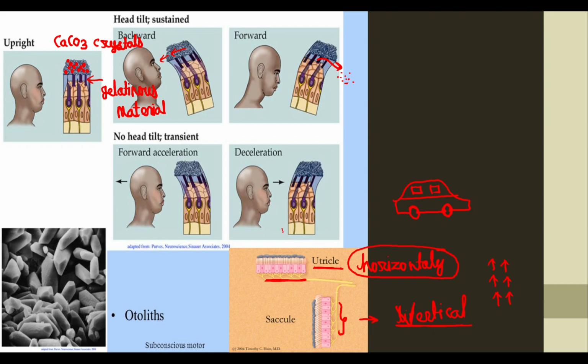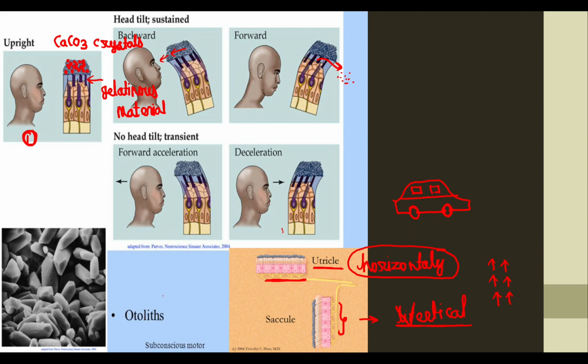Now take one situation. My neck is in an upright posture. This is the first condition. When the neck is in the upright posture, the otoconia, the calcium carbonate crystals, are at the normal position.